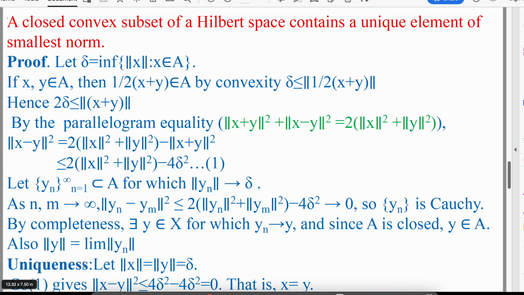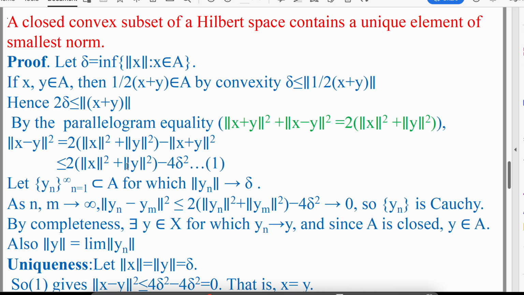Now the uniqueness part. Suppose we have two elements of smallest norm. Norm x is equal to delta and norm y is also equal to delta. So if you make use of this inequality, then norm x minus y whole square is less than or equal to 4 delta square minus 4 delta square, because norm x is delta, norm y is also delta.